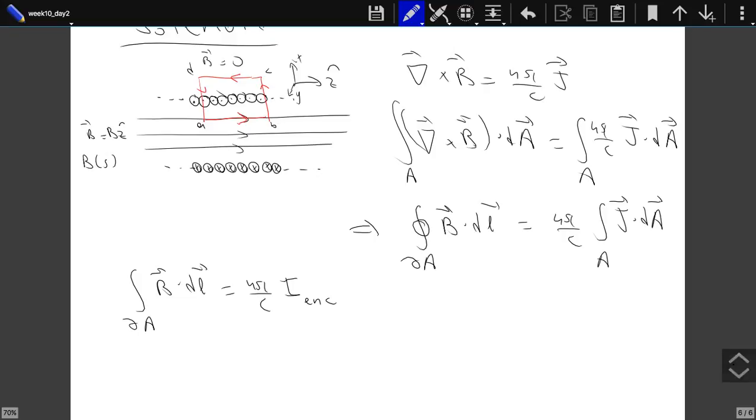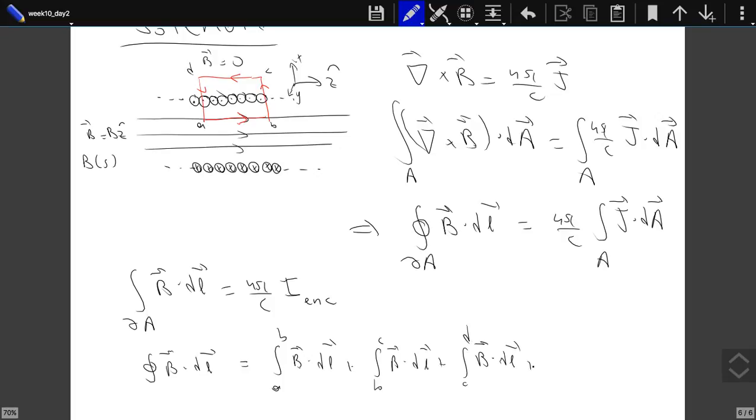So now if you write this integral B dot dl, this will be the integral from A to B of B dot dl plus the integral from B to C of B dot dl plus the integral from C to D of B dot dl plus the integral from D to A of B dot dl.